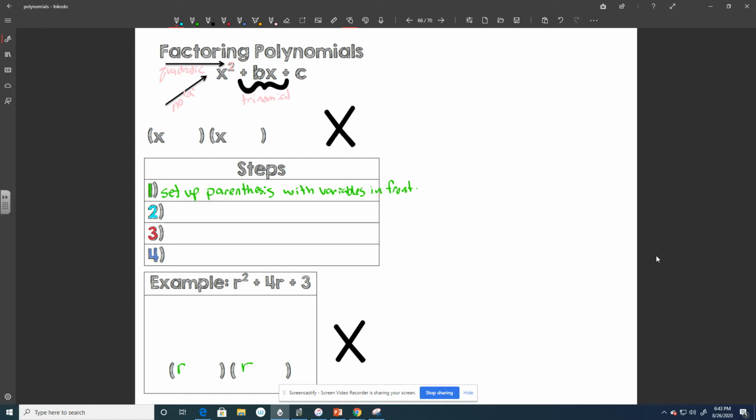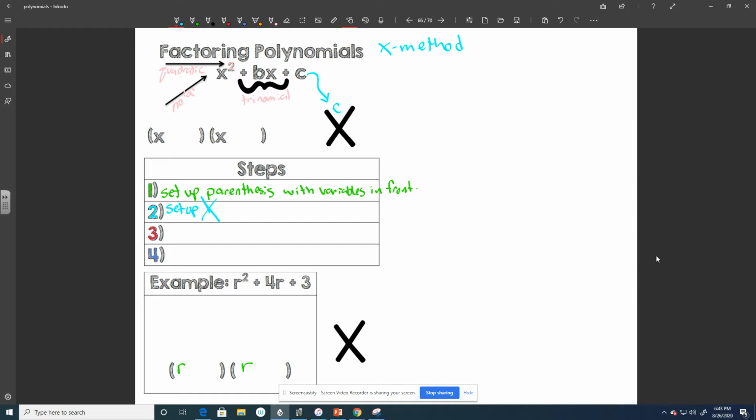Now, what we're going to be doing, we call this the x method. That's kind of how you'll hear it referred to. And basically what we're trying to do is we want to set up this x, this big X. And the way that we're going to set it up is I'm going to take my c value, whatever c is, and I'm going to put it right here on top.